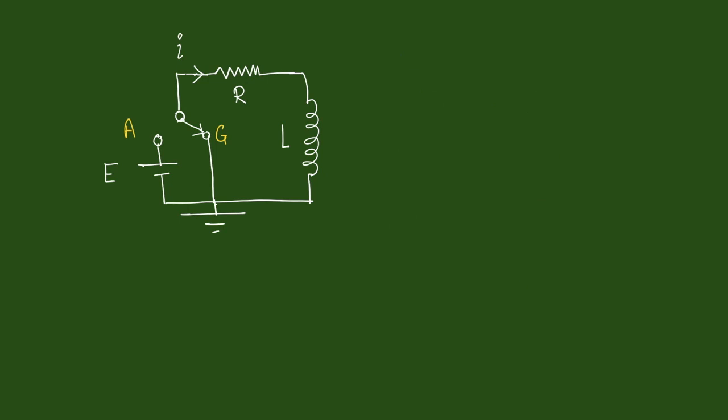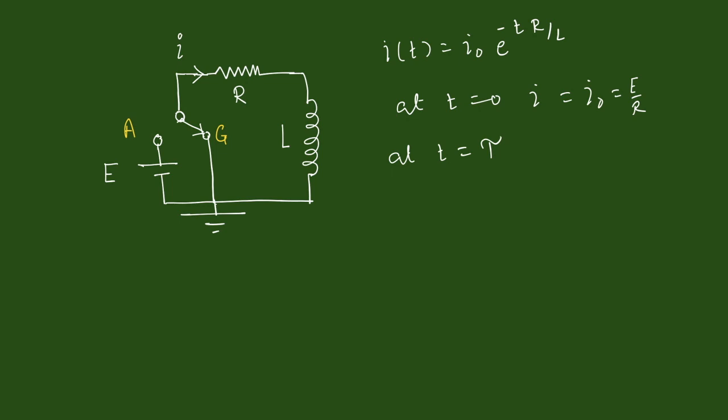Now from the equation of current in this circuit, that is I is equal to I0 into e raised to minus t into R by L, we can see that at t equal to tau, that is within one time constant from the time when the key is shifted from point A to point G, the current will drop to 37% of the maximum value, and that is E by R, that is its starting value.